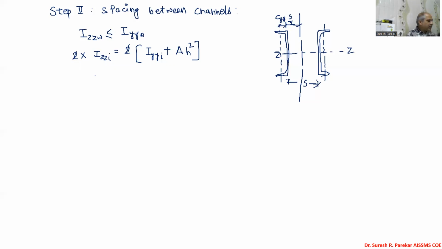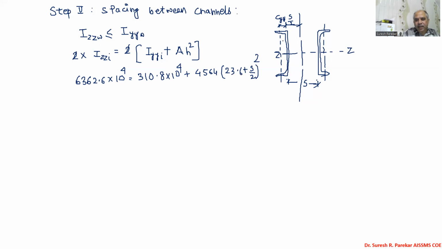We have the value of IZZ, 6362.6 into 10 raised to 4, is equal to IYY we have 310.8 into 10 raised to 4 plus area we know 4564 into CYY we have 23.6 plus S by 2 whole square.